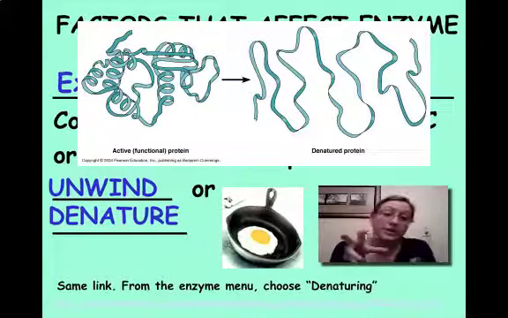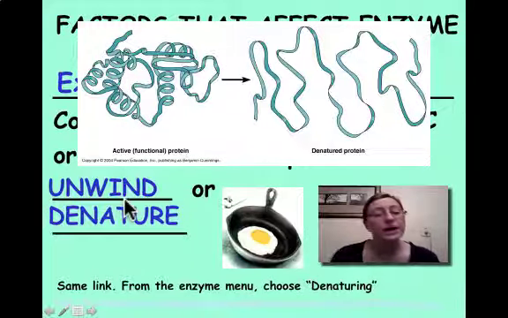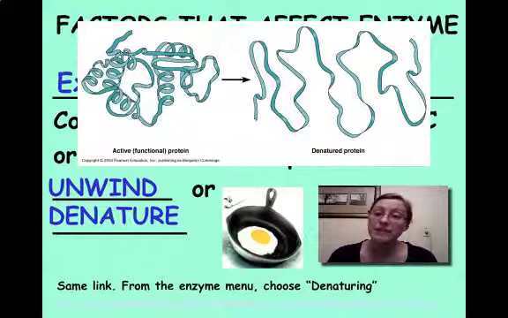When you would apply too much heat, then the glue would melt and your shape would come undone. That's exactly what's going on with enzymes. They're going to start to denature or lose their shape as pH or temperature changes. And if they lose their shape, then that's going to seriously affect their function.